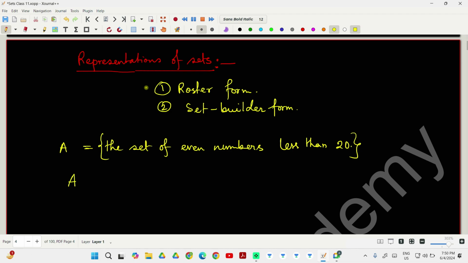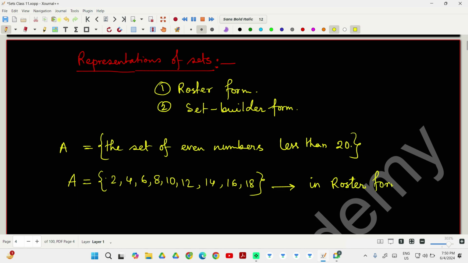So if we write this set like this: 2, 4, 6, 8, 10, 12, 14, 16, 18, oh sorry, not 20, up to 18. So this is the set A in roster form.